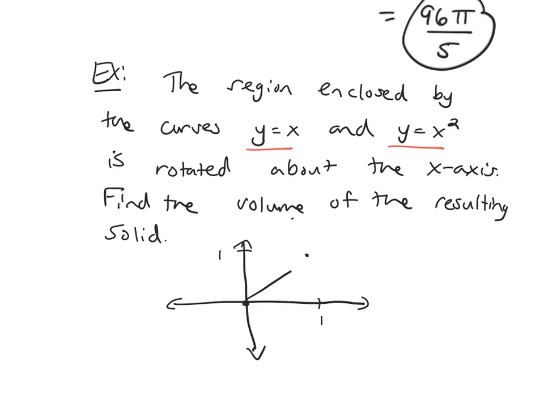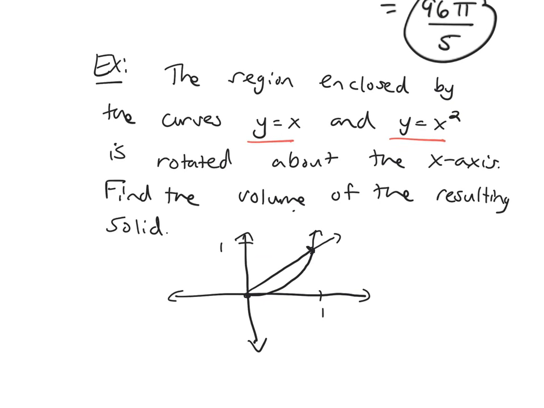That one's a straight line, and this one is down here, your parabola. So this is the region that I'm talking about, this little shape here. And I'm rotating it about the x-axis.